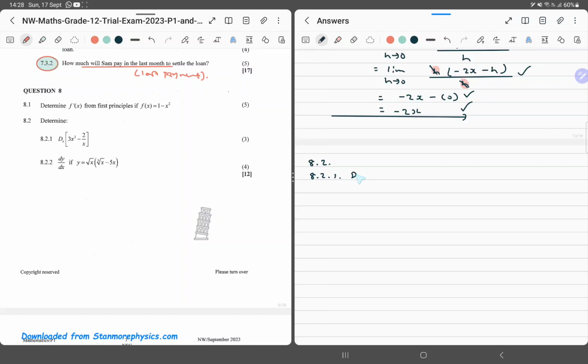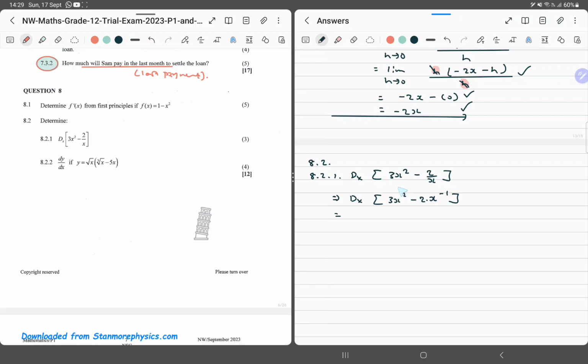Okay, we're supposed to find the derivative of 3x squared minus 2 over x. Okay, so this means we have a derivative of 3x squared minus, you never leave the x on the denominator, so this is going to be 2 times x to the exponent minus 1.